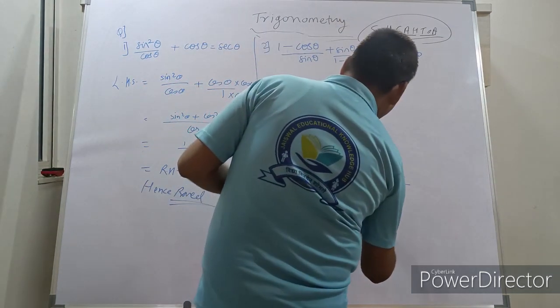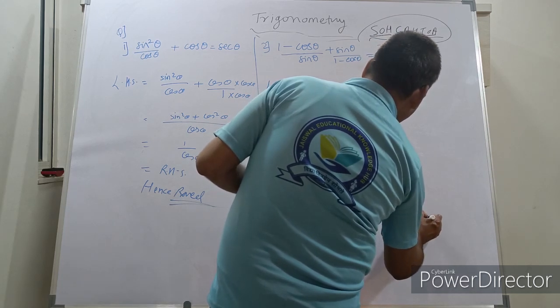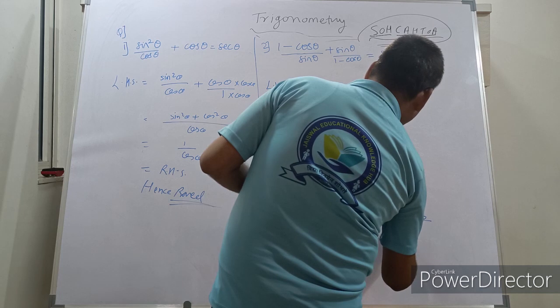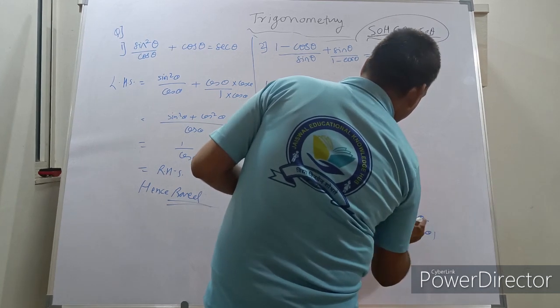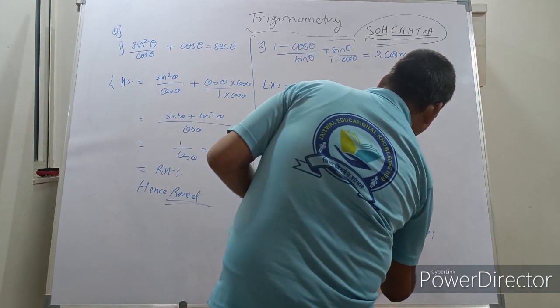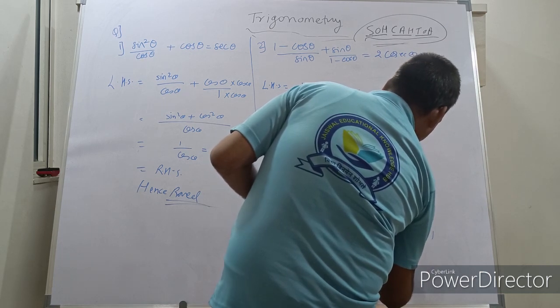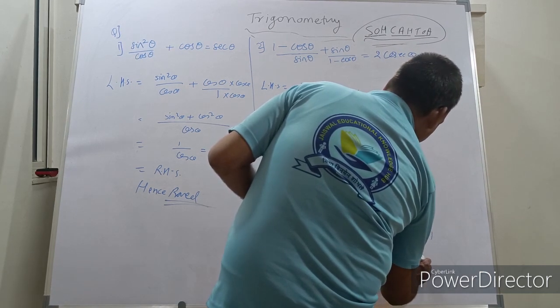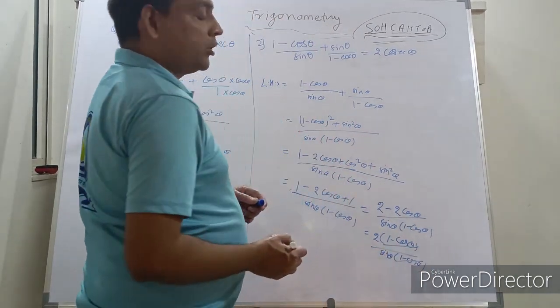So now we have 2 minus 2 cos theta upon sin theta into 1 minus cos theta. Take the 2 common in this, so it becomes 2, open the bracket, 1 minus cos theta upon sin theta into 1 minus cos theta. So 1 minus cos theta gets cancelled, 2 upon sin theta.